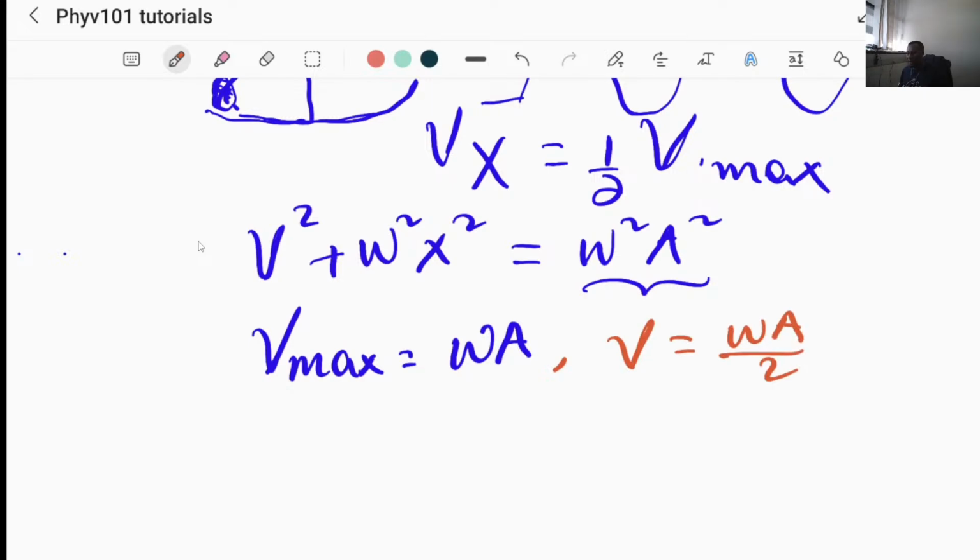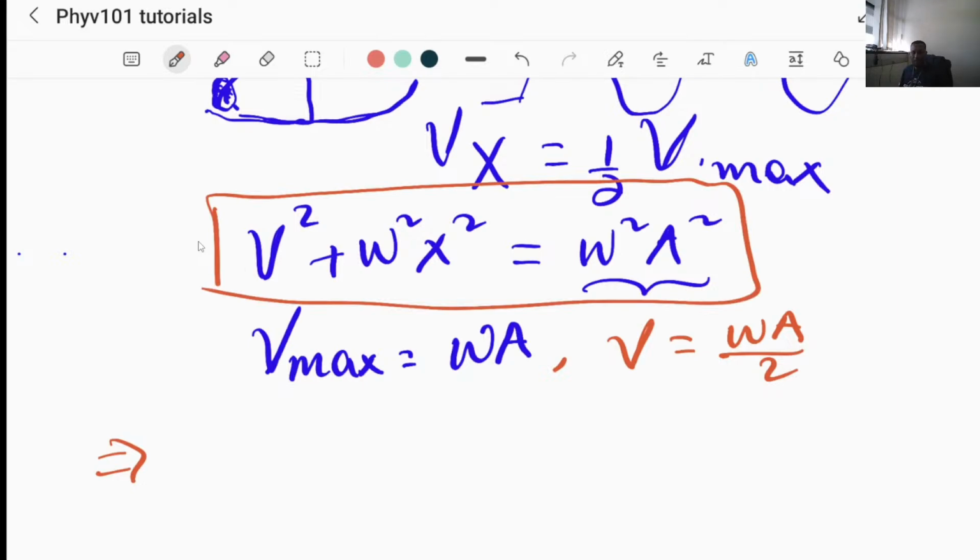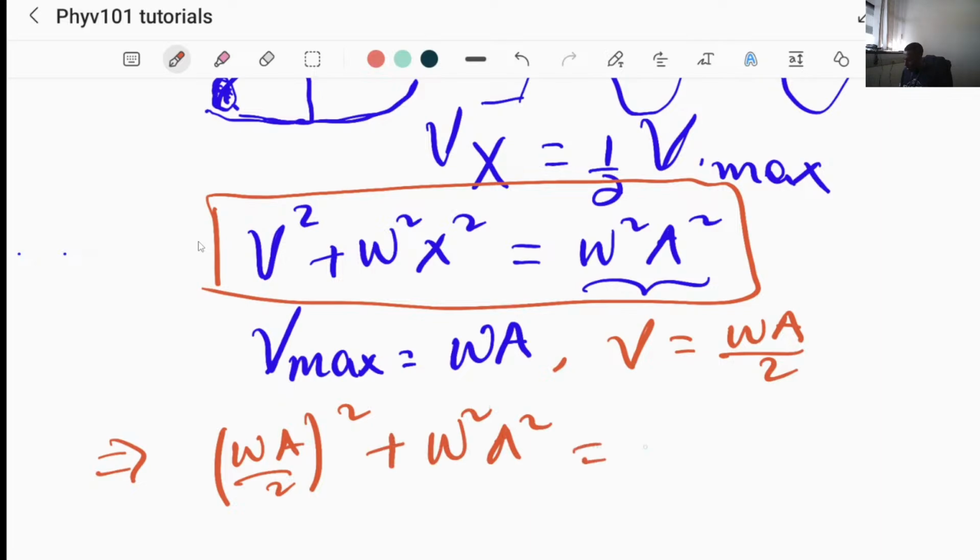This is half. That's the given expression. If you put this into the expression we have here, we simply see that (omega A over 2) squared plus omega squared x squared must be equal to omega squared A squared.